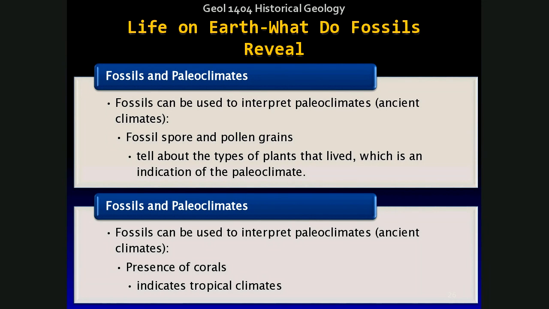And then we talked about marine ecosystems and the use of fossils as an indicator of a particular ecosystem, and also as an indicator of a particular past climate, or paleoclimate.